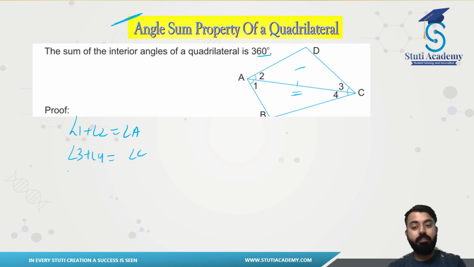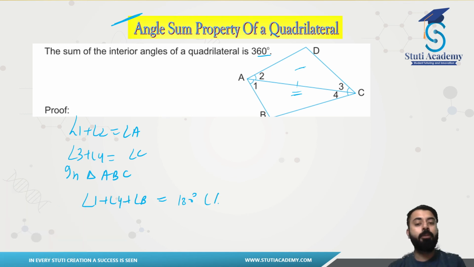And if I just focus on triangle ABC, I have angle 1 plus angle 4 plus angle B. That should be 180 degrees because of the angle sum property of a triangle, right?